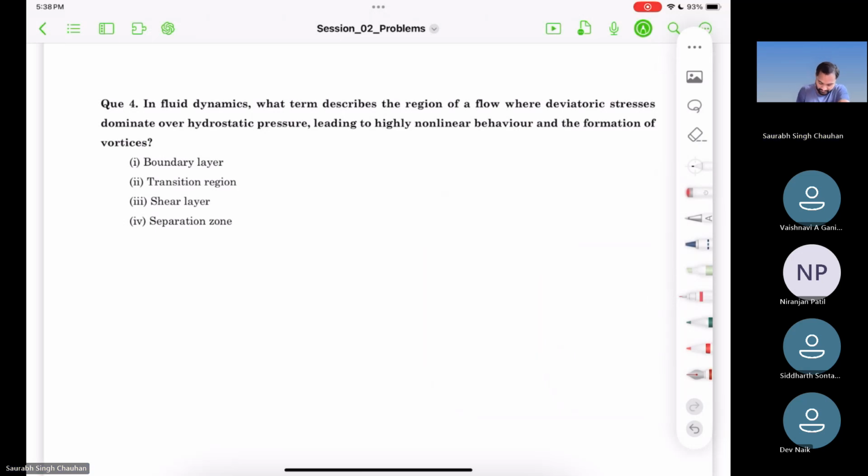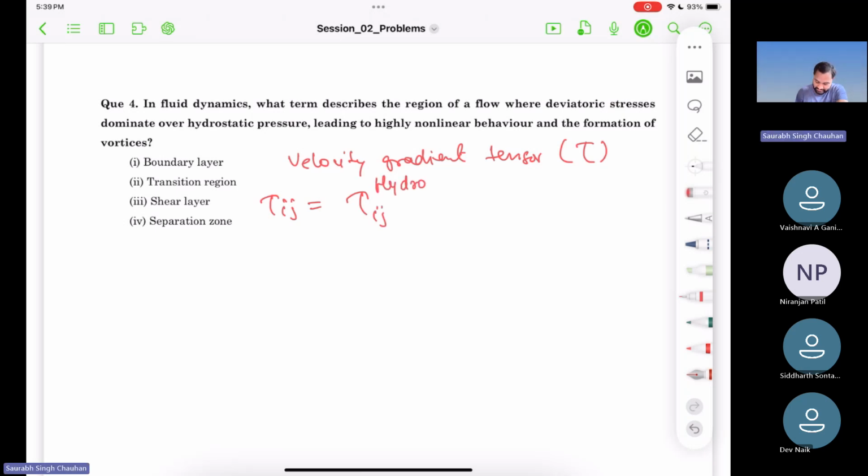Maybe you can divide your velocity gradient tensor in two parts, right? Your velocity gradient tensor tau, this you can decompose in two parts. One part is called hydrostatic and another one is called deviatoric. Okay.